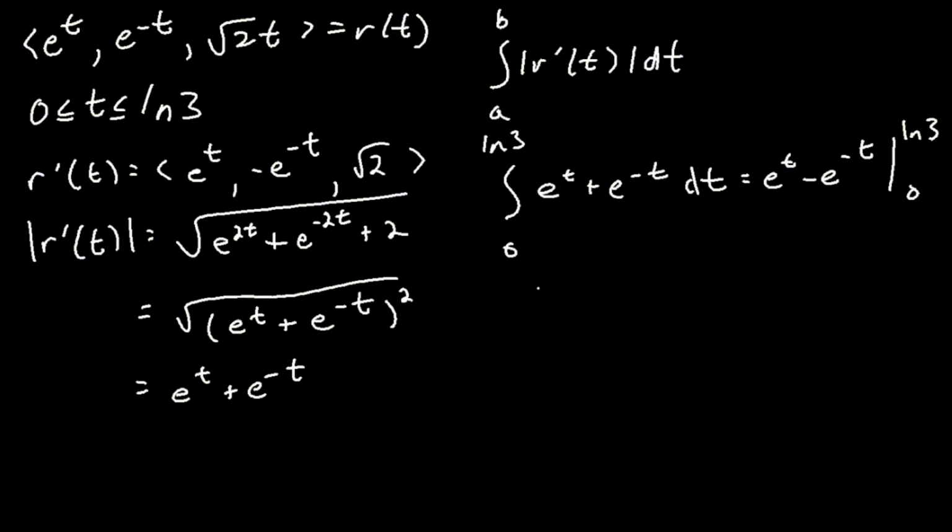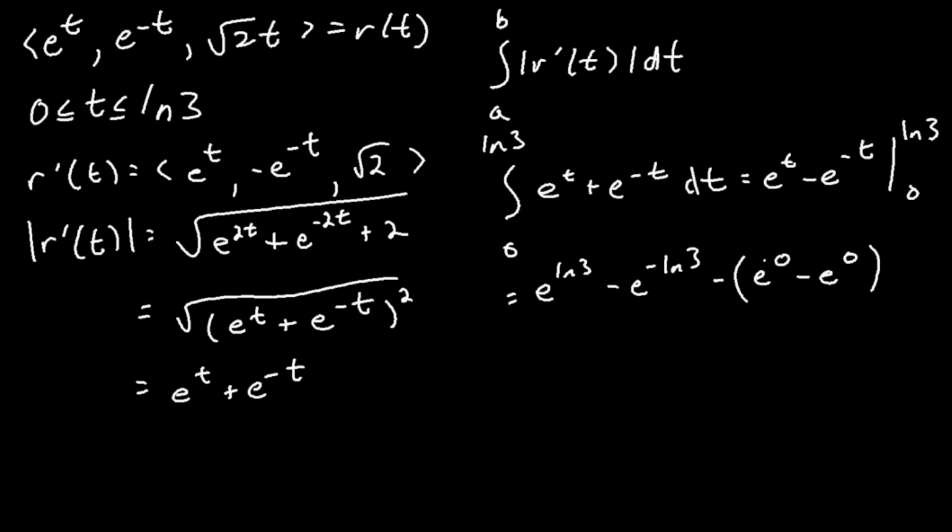So what happens, we get e to the power of ln 3 minus e to the power of negative ln 3, minus, in parentheses, e to the power of 0 minus e to the power of 0.